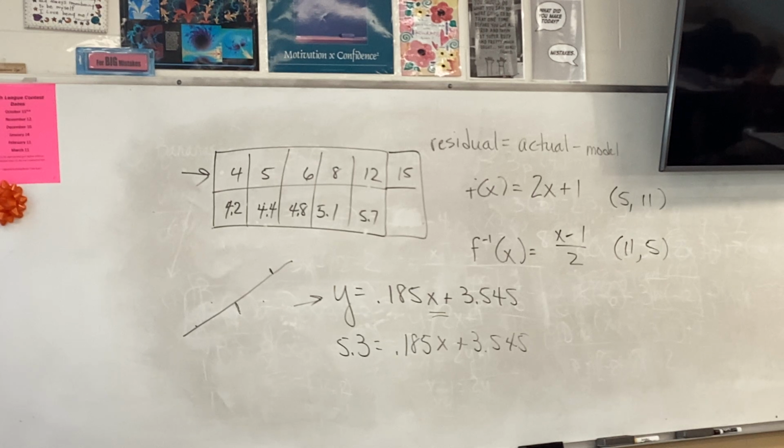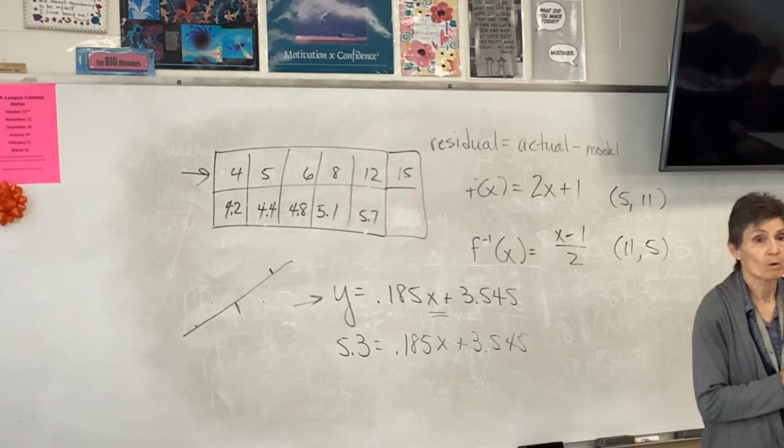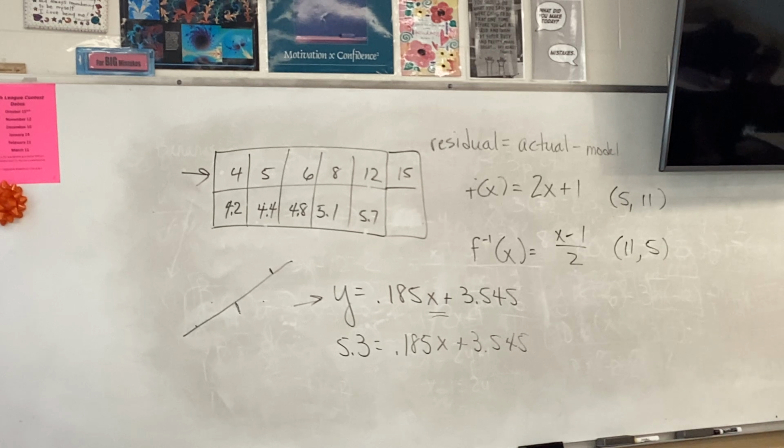What is it on your calculator? What does it say? R equals what? 0.984. Okay, 0.984. That's a really, really good correlation. The closer that number is to 1, the more accurate your line is. Okay?